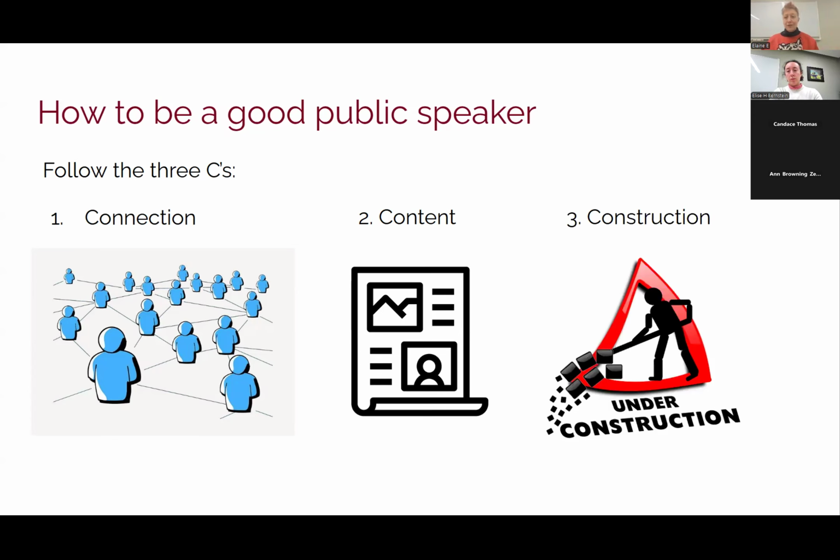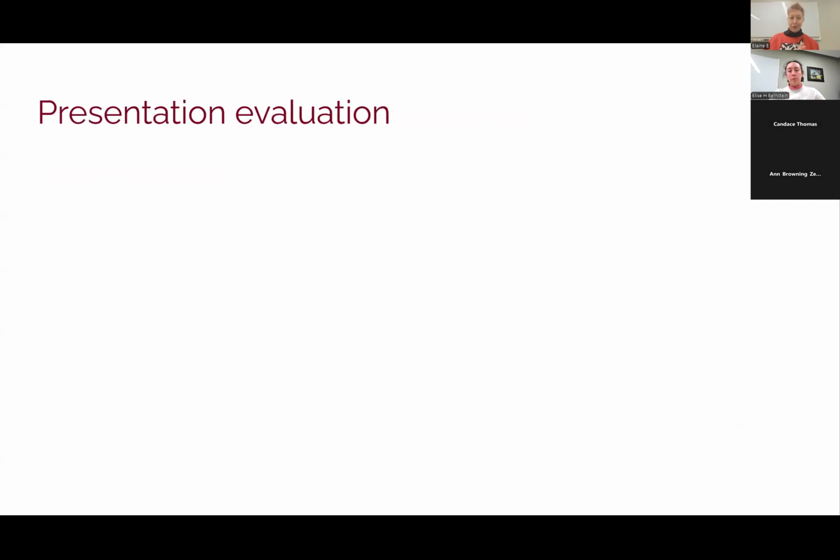And then construction involves that formation of going between topics, including enough time for people to reflect and learn and engage, and making sure that as a whole, it's constructed in a way that's going to be digestible for the audience.